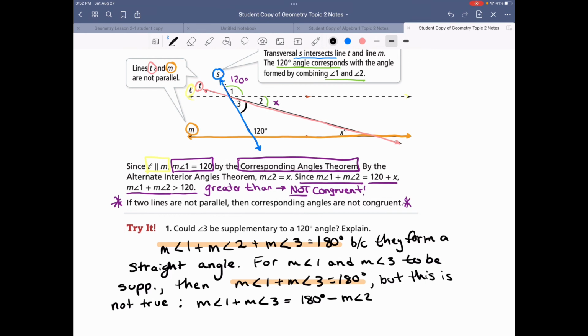So angle 3 is not supplementary to 120 degrees.